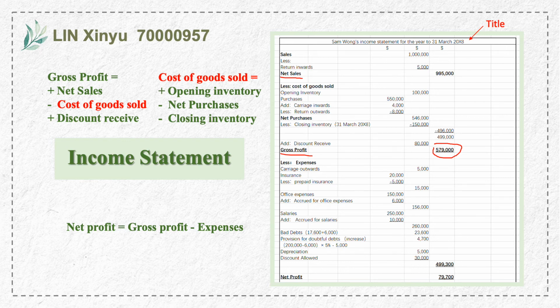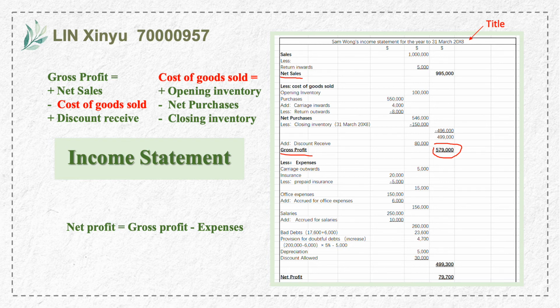So we should minus it. And office expenses, we should add accrued office expenses, because this expenditure happened in this year, not last year. So we should add it.